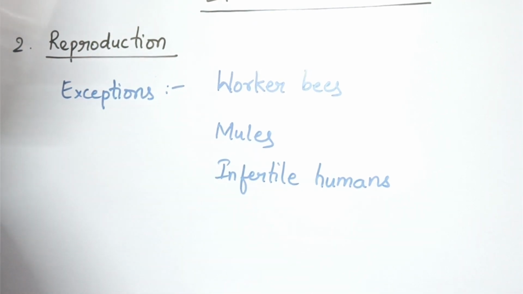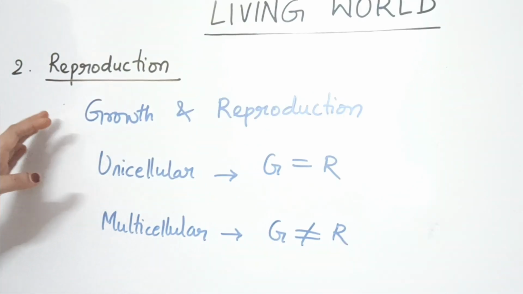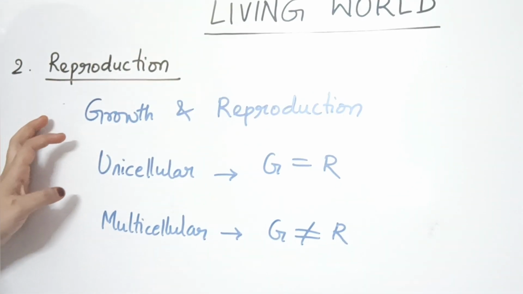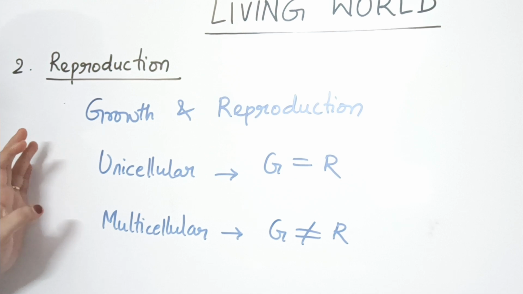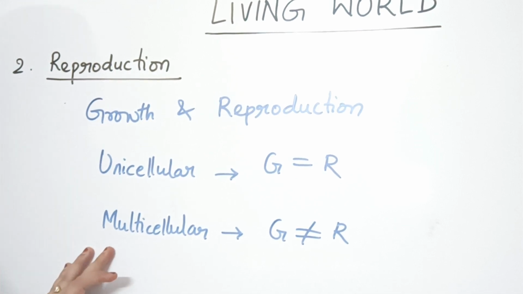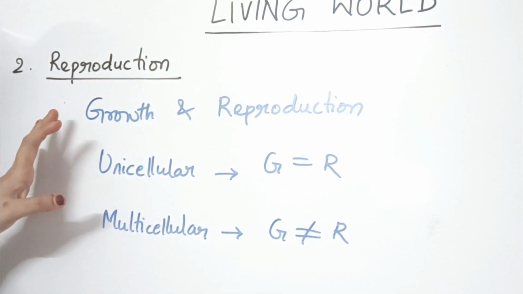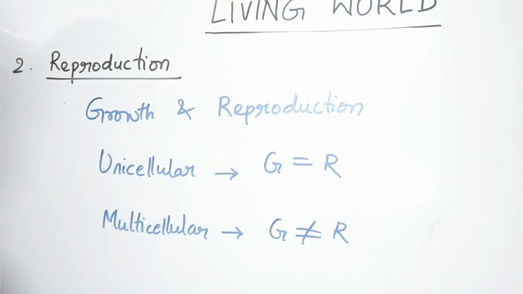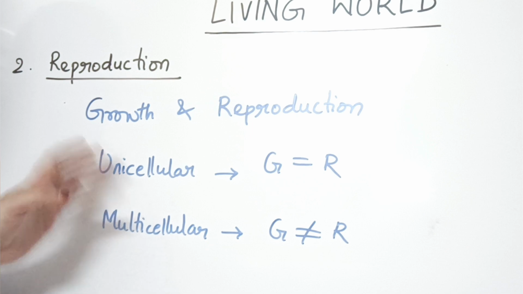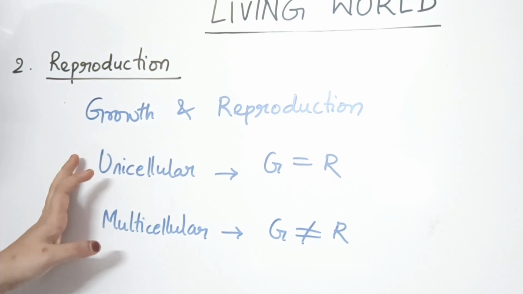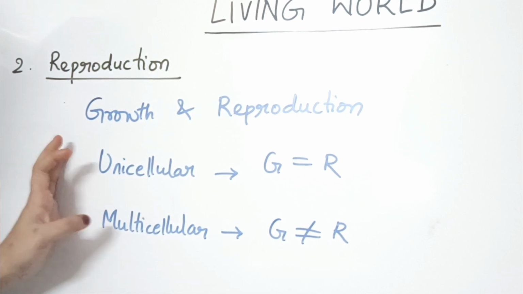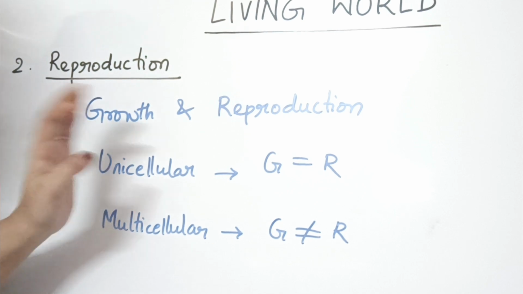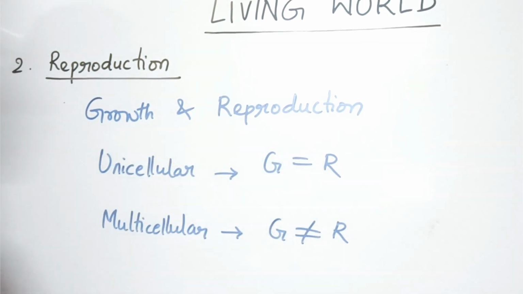I hope it's clear. So when we compare both growth and reproduction, we can say that growth and reproduction are different in unicellular and in multicellular organisms. When we are talking about unicellular organisms, growth and reproduction are the same. That means they cannot be distinguished. What is growth and what is reproduction in case of unicellular organisms? They are the same. That means they are mutually inclusive events, growth is equal to reproduction.